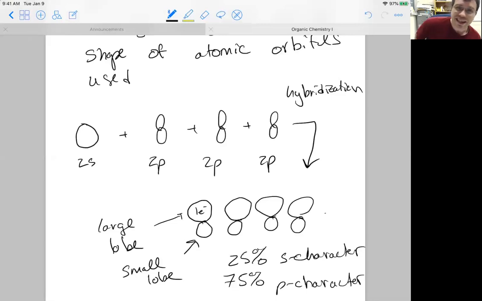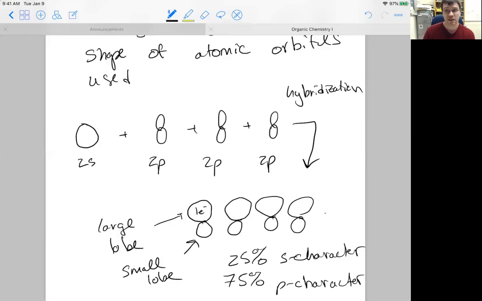So for all the hybrid orbitals we're going to look at, the shape is a distorted P orbital, a distorted dumbbell shape that has one lobe that's bigger and one lobe that's smaller. I mentioned before that we're going to look at orbitals that require fewer P orbitals. So if there's an sp2 orbital, for example, we only took 2 P orbitals.